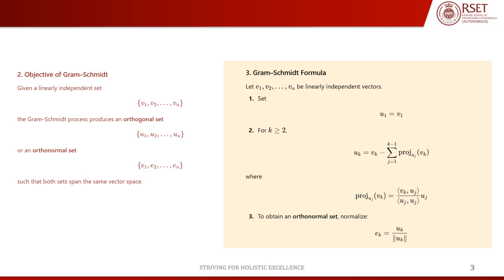The third step is, if you want to find the orthonormal set, simply divide each by the norm of u1, u2, u3. It is very easy if you know the equation of the projection vector. Just recall the equation of projection vector which we discussed in the last section.